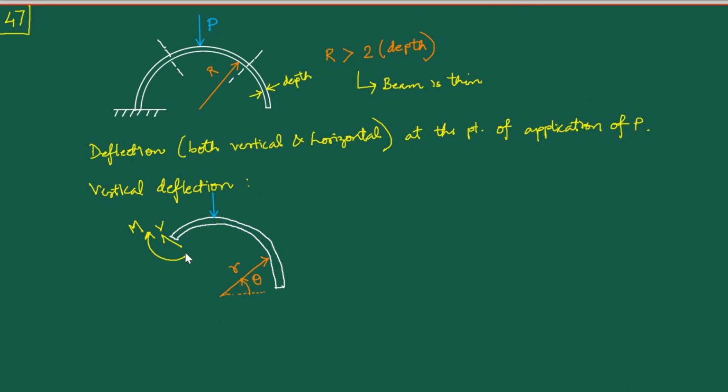So you understand that this r is in this sense, and the sigma theta theta is in this sense. So let me just draw that. My sigma theta theta will be in this sense, which means that if I take the moment arm to be r, it is going to curl downward, which means that the sense that I have drawn here for the m has to be changed. Okay.